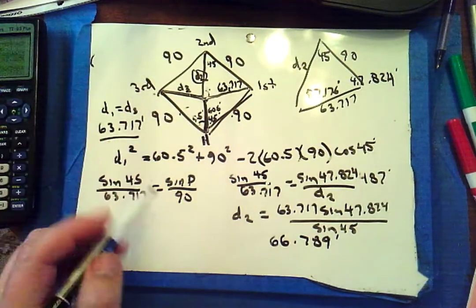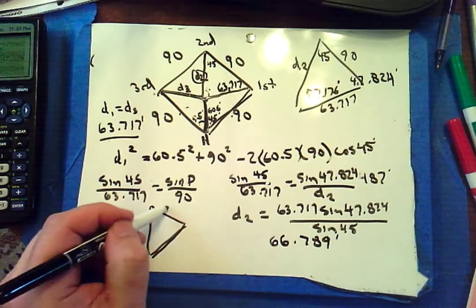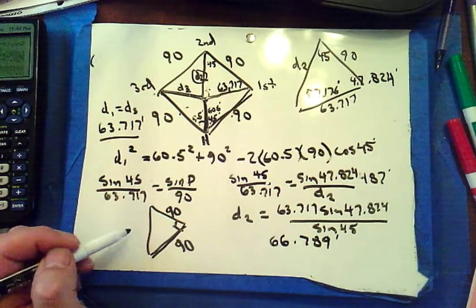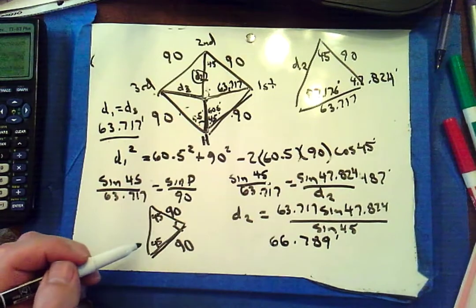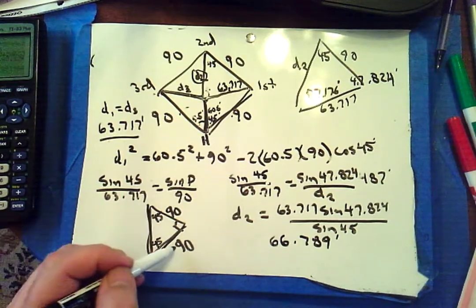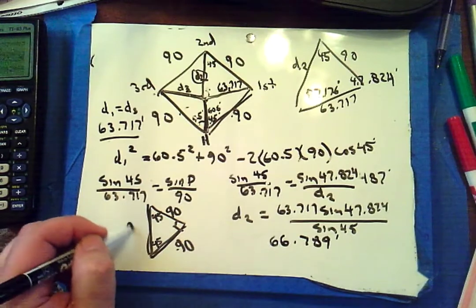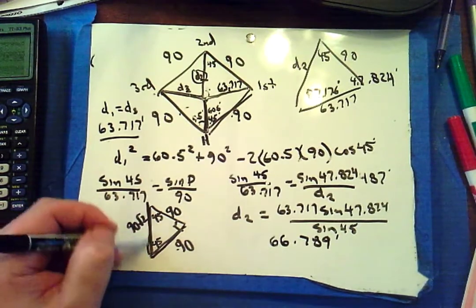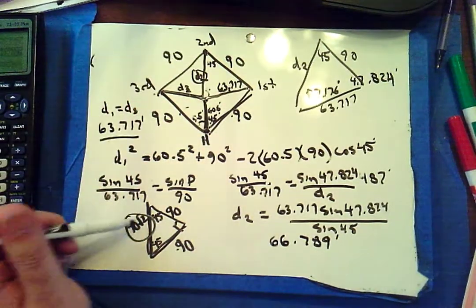And that is to use something we learned back, at least in geometry, where this is a right angle. This is a 45, 45, 90. And what we learned in geometry class is that if we multiply the leg of a 45, 45, 90 by root 2, we get the hypotenuse. So this whole diagonal from second to home is 90 root 2.